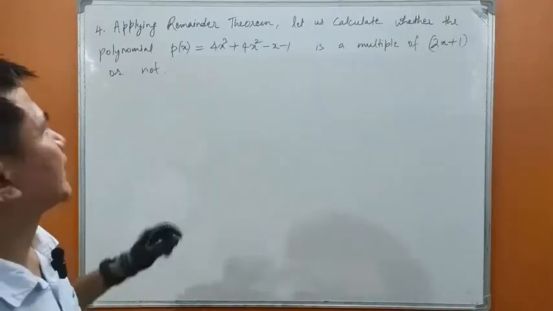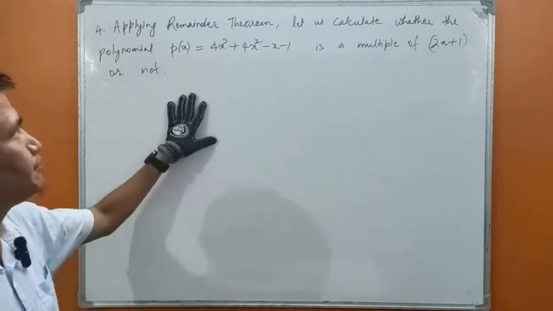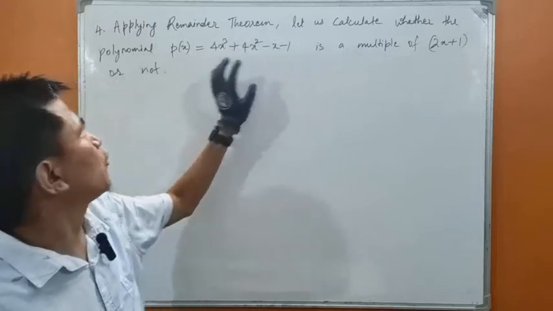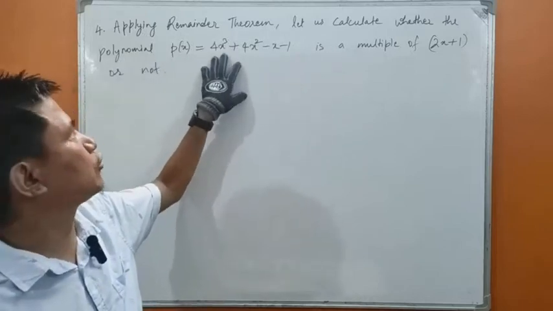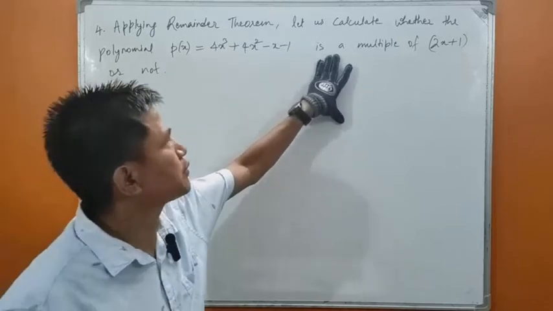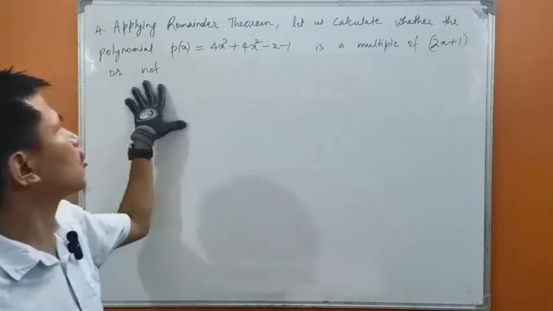Let's quickly begin with question number 4. Applying the remainder theorem, let us calculate whether the polynomial p(x) equal to 4x cubed plus 4x squared minus x minus 1 is a multiple of 2x plus 1 or not.